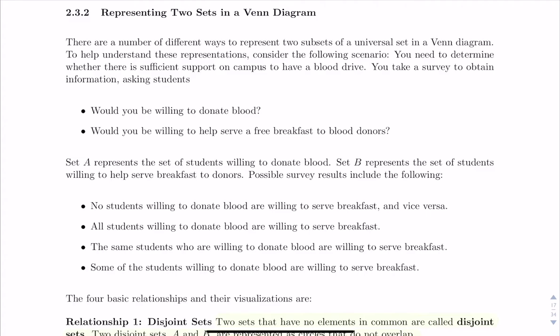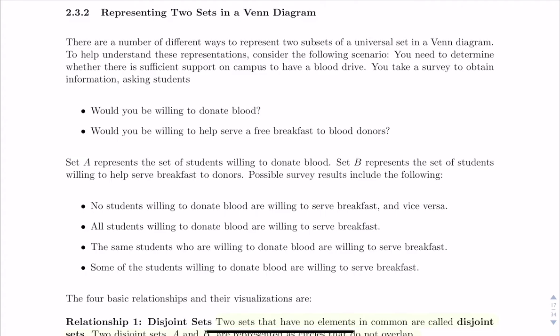So we have possible survey results like there are no students willing to donate blood or to serve breakfast and vice versa. All students willing to donate blood are willing to serve breakfast. The same students who are willing to donate blood are willing to serve breakfast. And some of the students willing to donate blood are willing to serve breakfast. And so the 4 basic relationships and their visualizations are, the first one being disjoint sets.